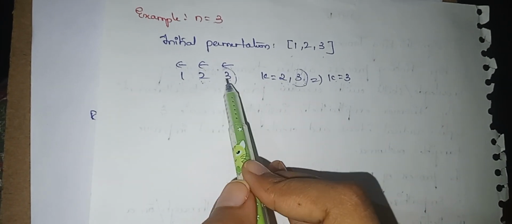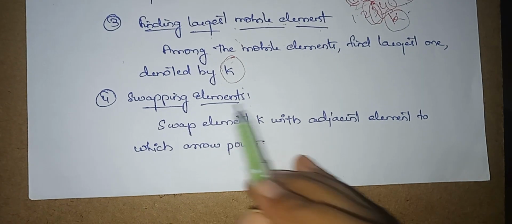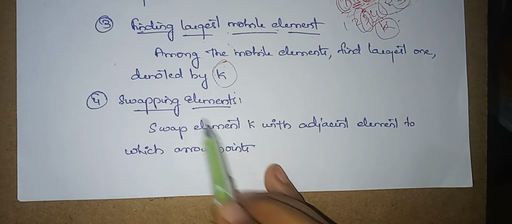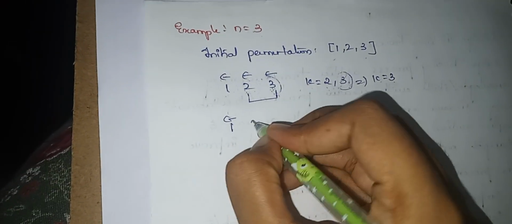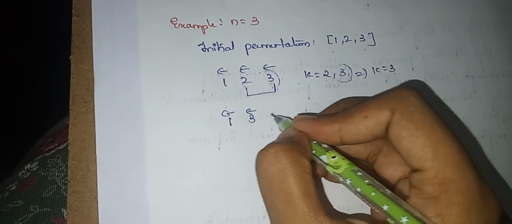So I have to swap 2 and 3. That is what is given in the algorithm: swap element k with the adjacent element to which the arrow points. For the element k, the adjacent element is 2, so I have to swap these two. Now the new permutation will be 1, 3, 2.